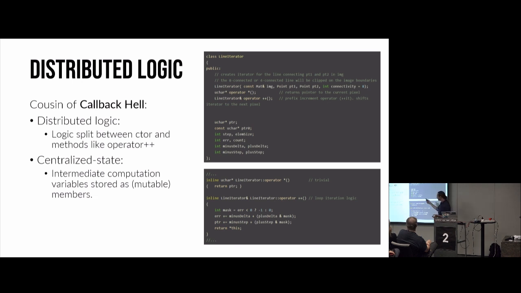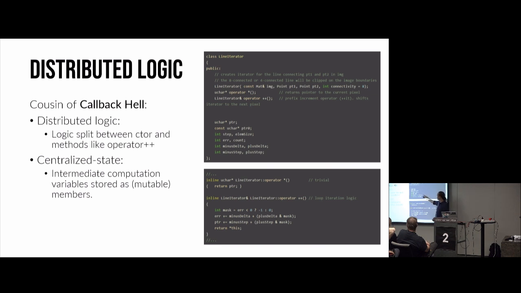The second problem is centralized state, where you can see all of the variables that are needed in here are actually stored as members of the object. And this doesn't take any note of things like constness and scoping rules; not all methods actually need to access all of these members.